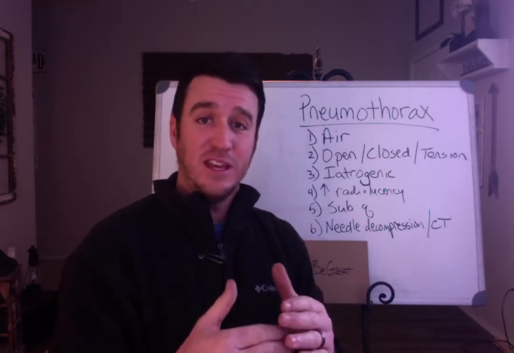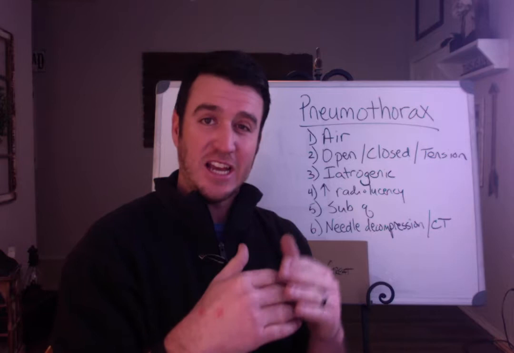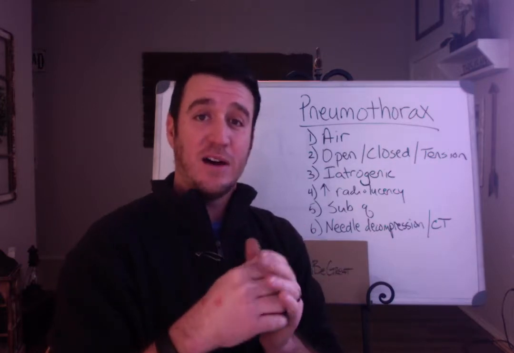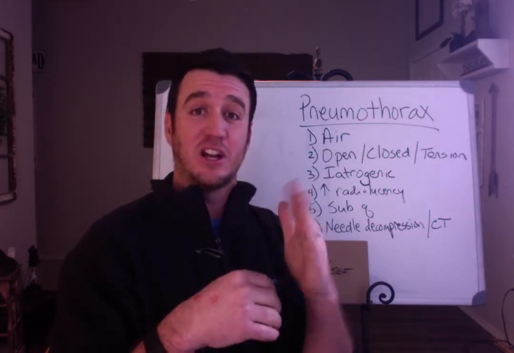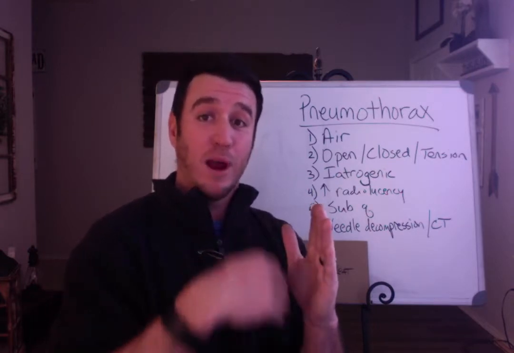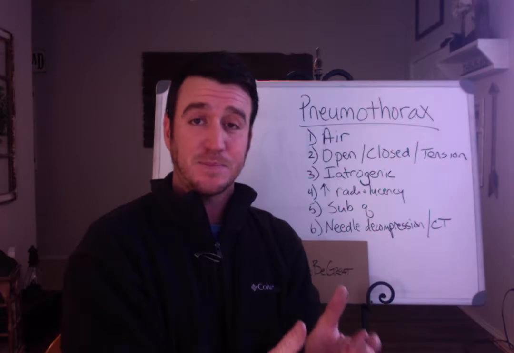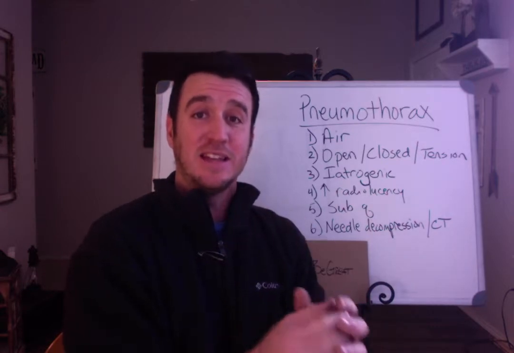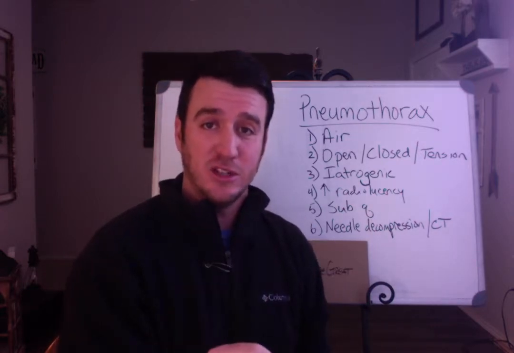Now, if either of these creates a check-like valve, where the valve opens when air comes in but then closes as pressure increases, and the air on every breath increases in the pleural space, then eventually it will lead to a tension pneumothorax.